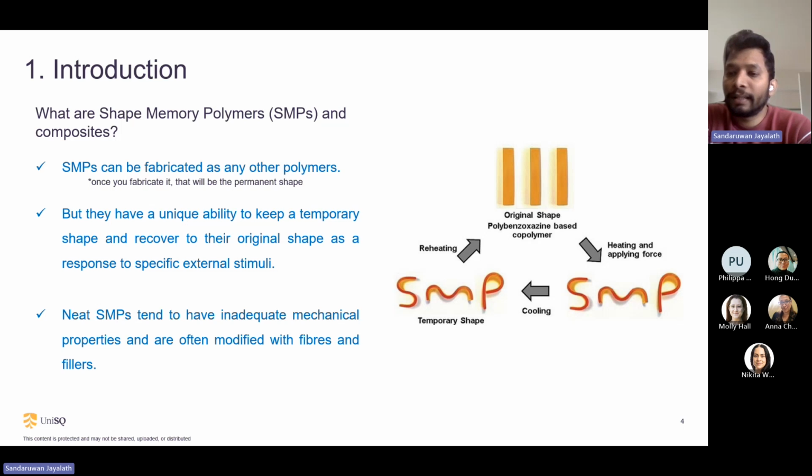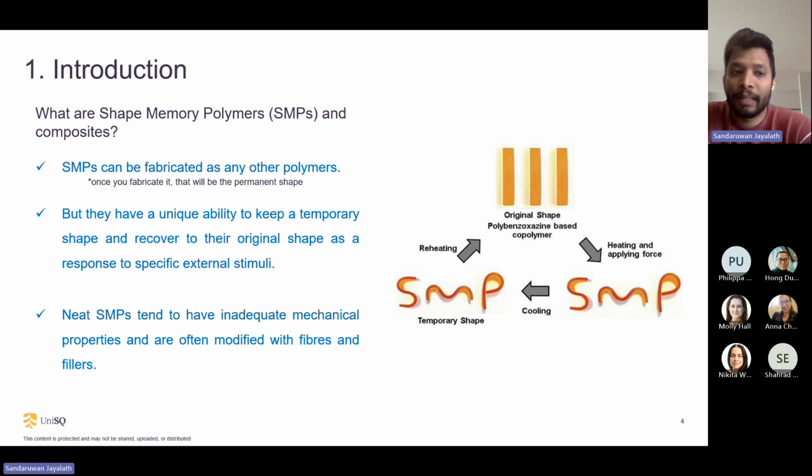And usually we can use external stimuli such as heat, magnetism, pH, different chemicals, and electricity. Using different stimuli, we can program it to take another shape, and we can use the same stimuli to take it back to its original shape.